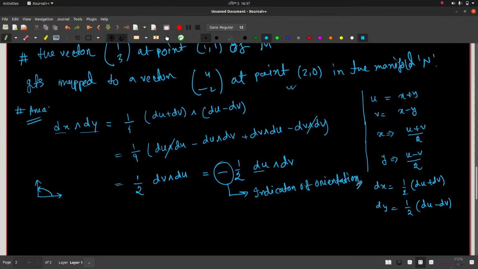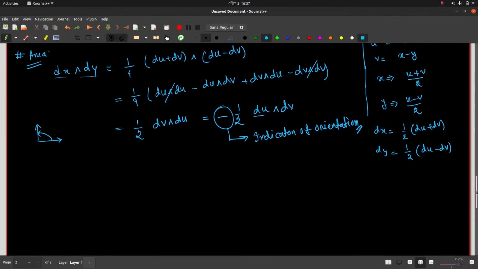And now let's come back to the idea of the push forward, and we'll see that the result is the same. Okay, you see that to get any kind of area, if you think of it this way, you have one vector like this, and another vector like this, and you can make a parallelepiped with these two vectors, right?